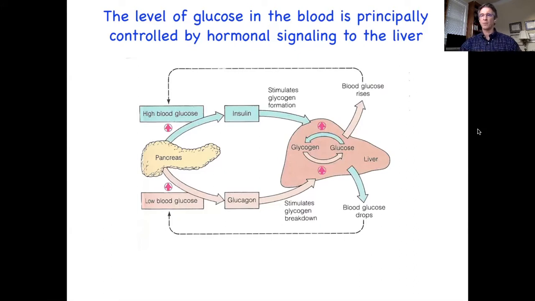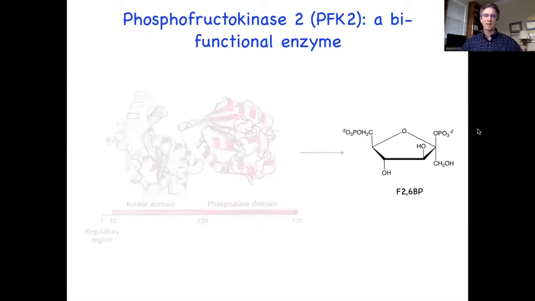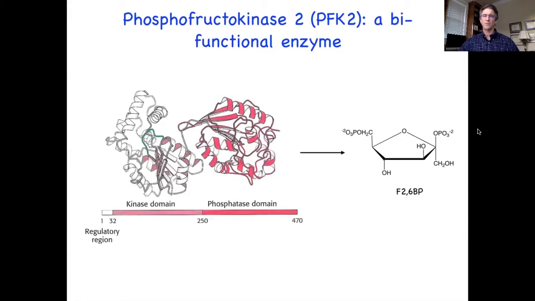How does this fit into what's going on with these pathways? All right, so here's fructose 2,6-bisphosphate again. Remember, it's fructose, but instead of the phosphate on the 1 carbon, it's now on the 2 carbon, which is the anomeric carbon in fructose, as you recall. The enzyme that makes this is known as phosphofructokinase 2, PFK2. Again, this enzyme was only discovered less than 2 decades ago.